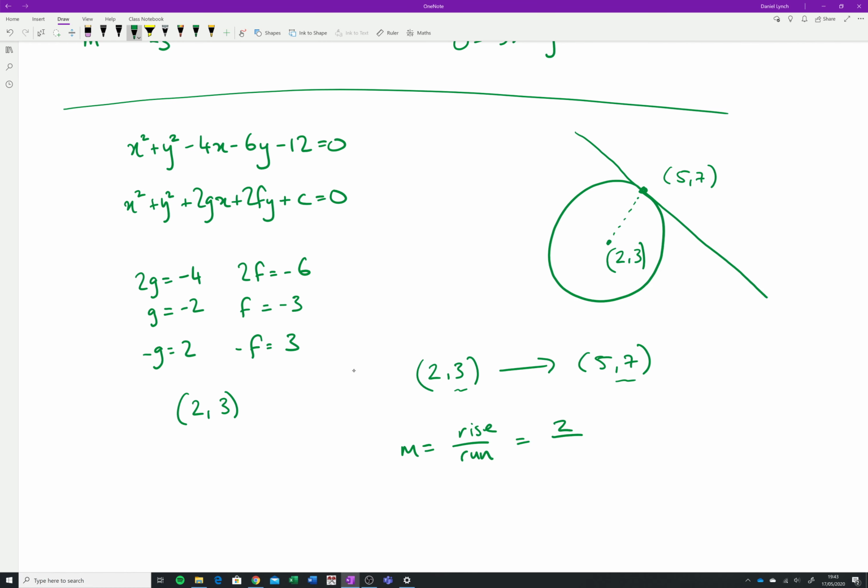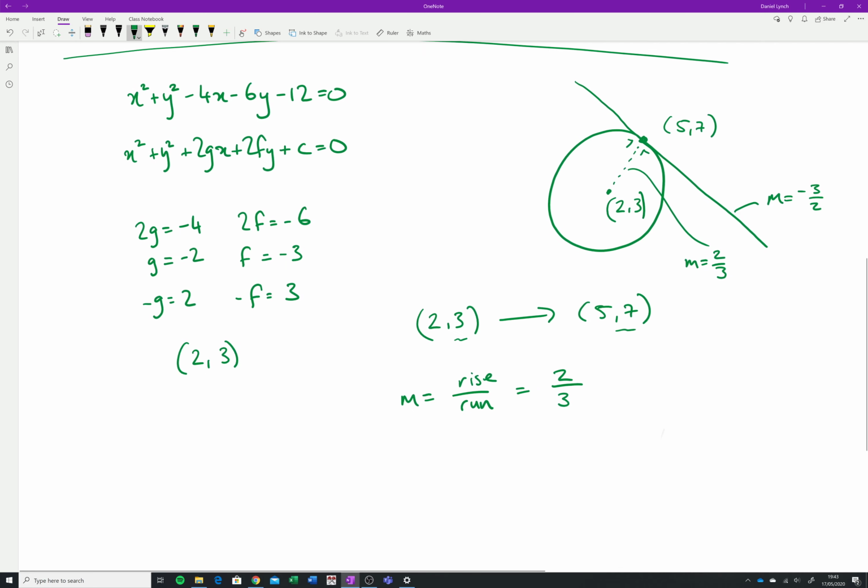And how much will we move over by? Well, that's our x value. We've gone from 2 to 5. That is 3. So the slope of that is 2/3, which means the slope of the perpendicular line is 3 over 2, but change the overall sign, minus 3 over 2.